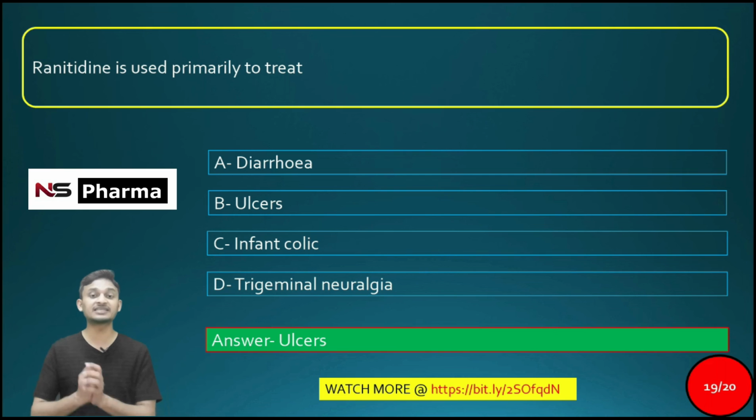Examples are lansoprazole, pantoprazole, omeprazole, esomeprazole, even rabeprazole, all prazoles are coming under proton pump inhibitors. This is also a gastric acid secretion inhibitor.